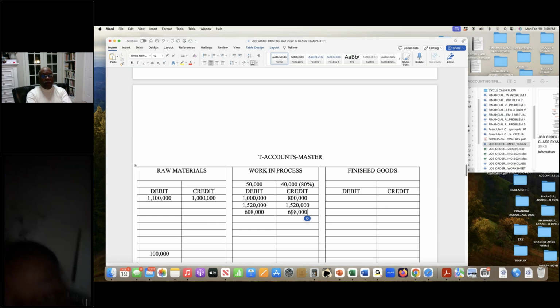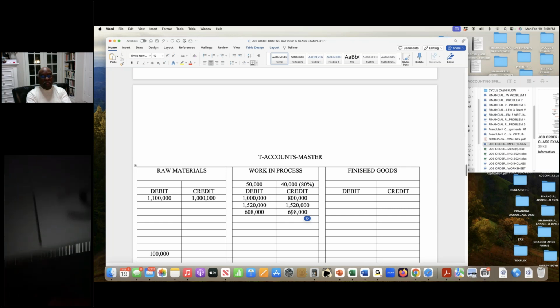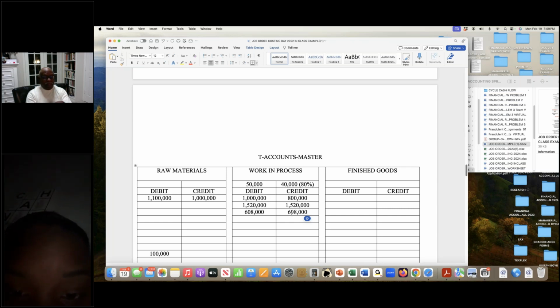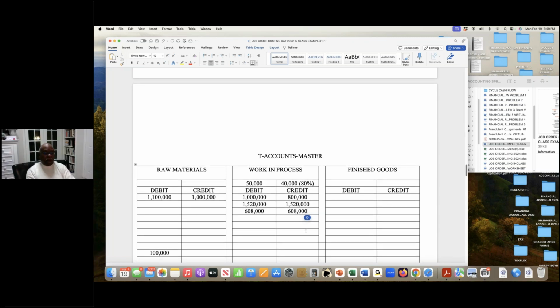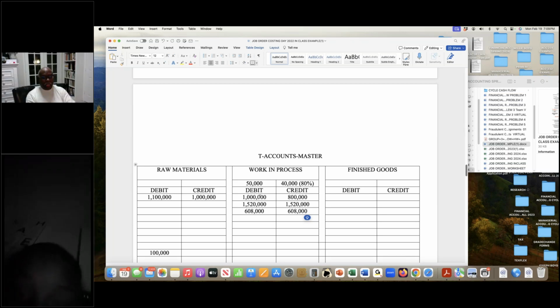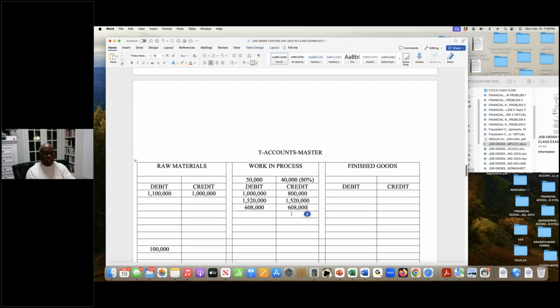So the fact that you didn't complete them means the raw materials will be there. But for our finished goods cost for the 40,000 that we transferred, we're only going to have 80% of the raw materials, all of the labor and all of the overhead.